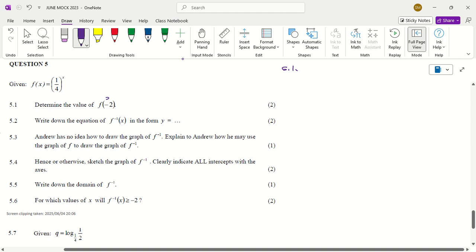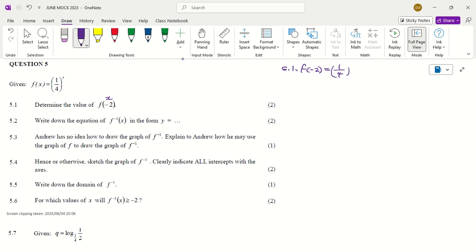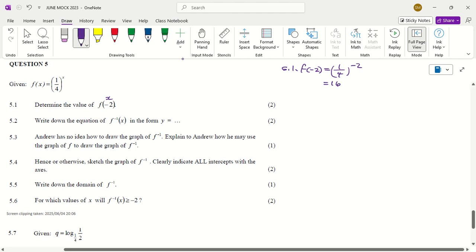Now you would see that this is x, so meaning wherever there's x we put negative 2. So this would be f of negative 2 is equal to 1 over 4 to the exponent negative 2. So that's how we do it, and the answer would be 16. So this is 16.